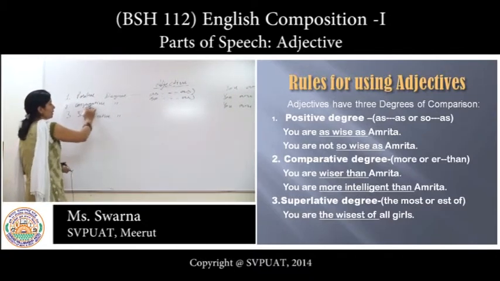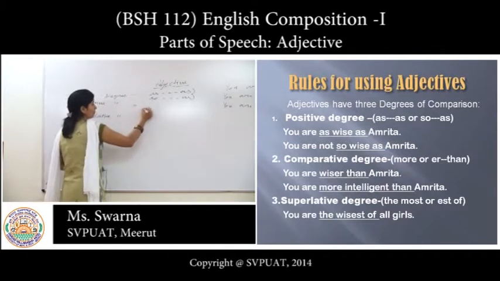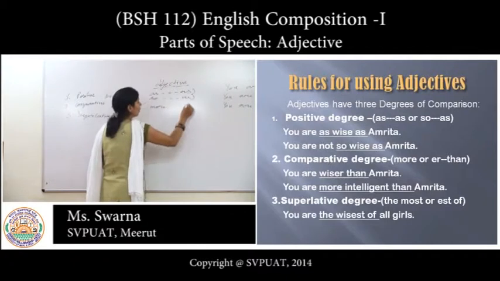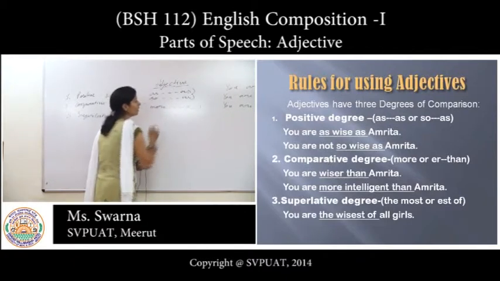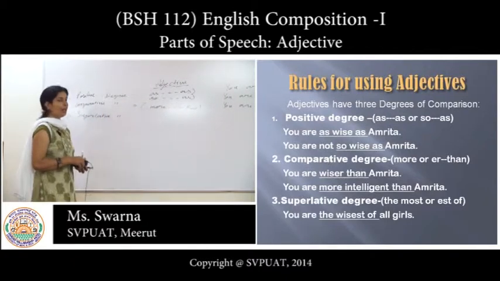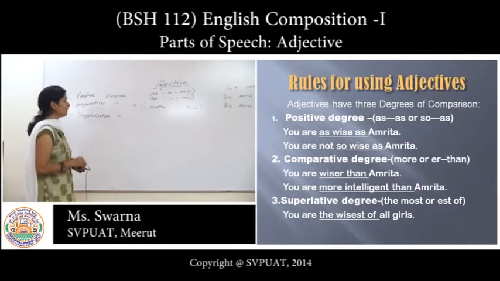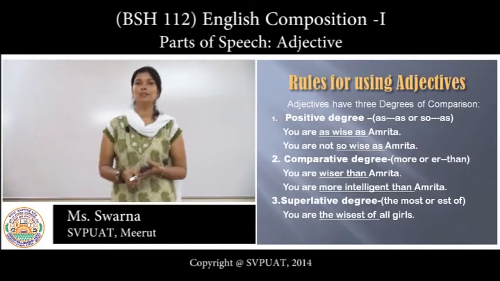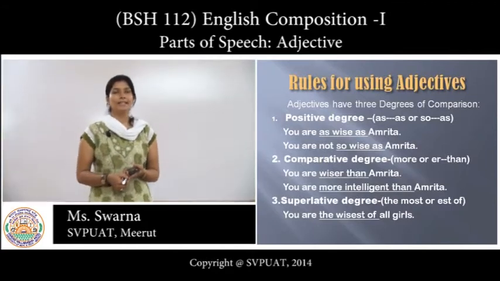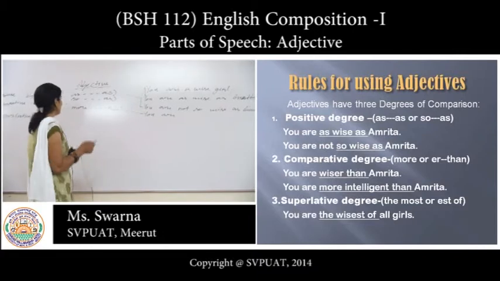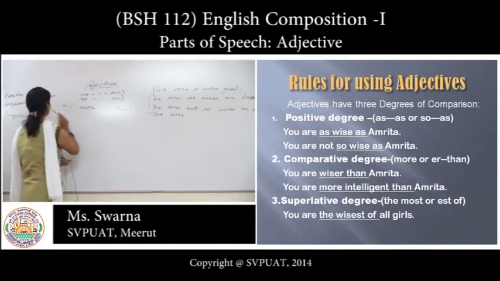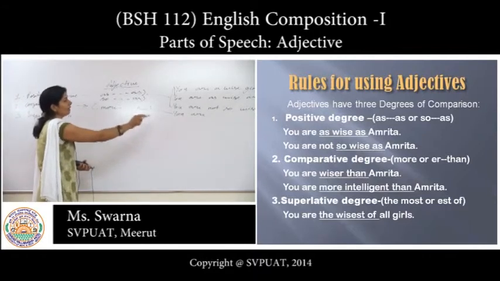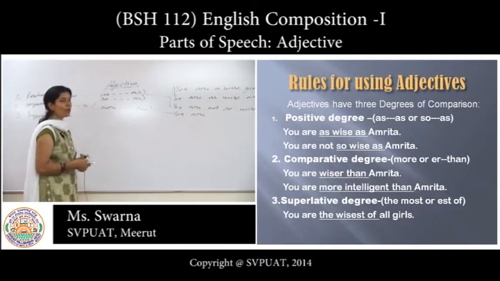Then next is the comparative degree. We use more or than in the comparative degree. In the comparative degree, the comparison is between two persons. There is one thing you should keep in mind. If we can add er to the adjective, then we use er in the comparative degree, not more.